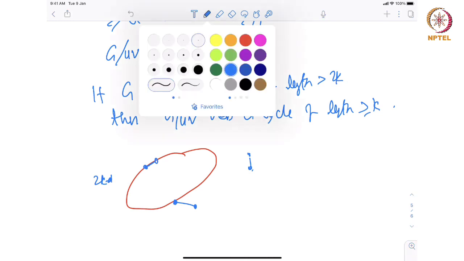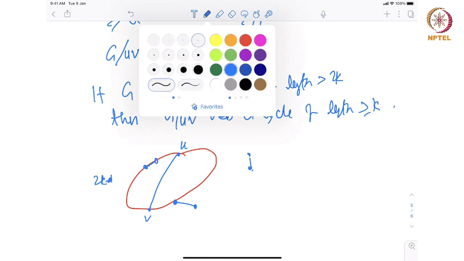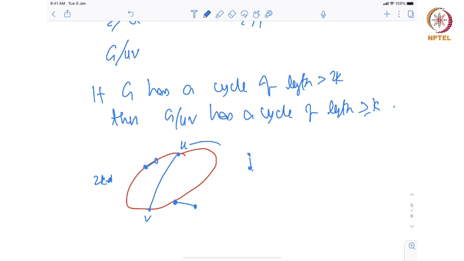I could have a chord, right. I could have a chord like this. Say this is u and v. Now, if you contract uv, what will happen? If you contract uv, notice either this part of the cycle or the black part of the cycle. So, now you will get two cycles, right? You will get a cycle starting at u and ending at v, and another cycle, the blue cycle, starting at u and ending at v.